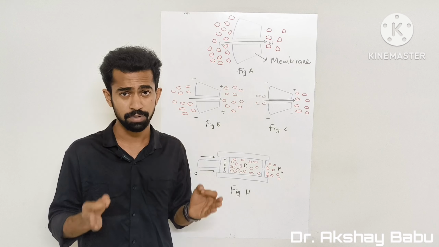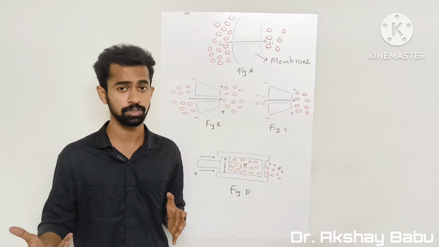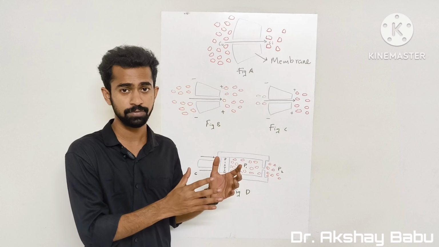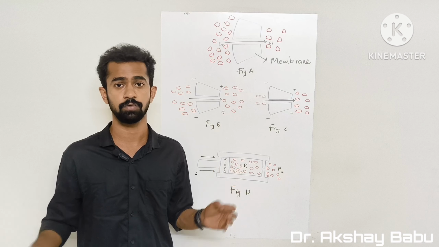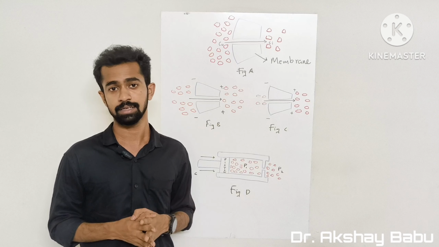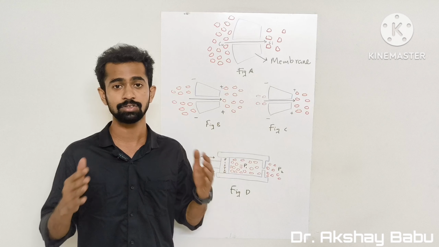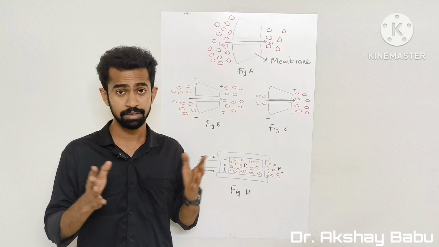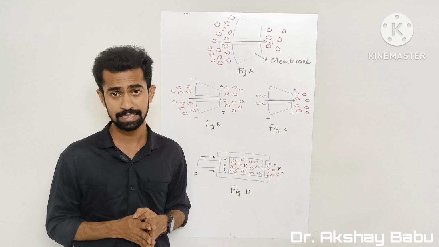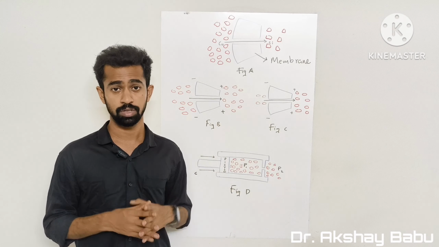At normal body temperature of 37 degrees Celsius, the electrical potential difference and concentration difference of univalent ions such as sodium ions will balance each other. This can be determined by the equation known as the Nernst equation.